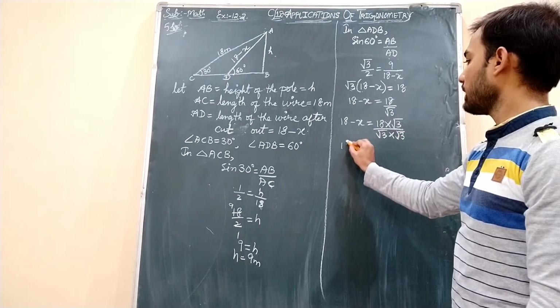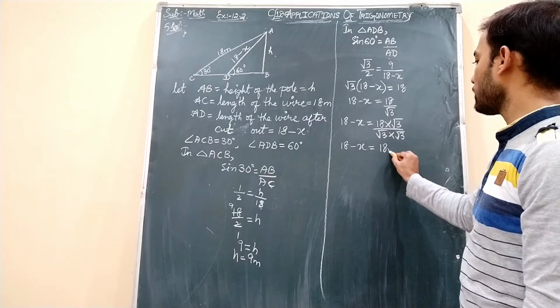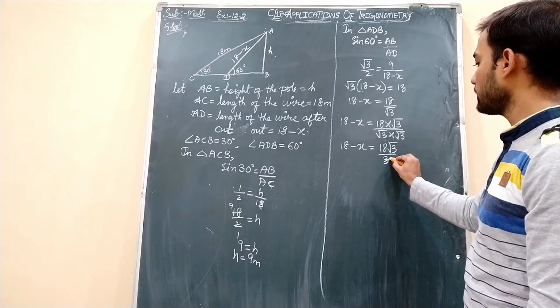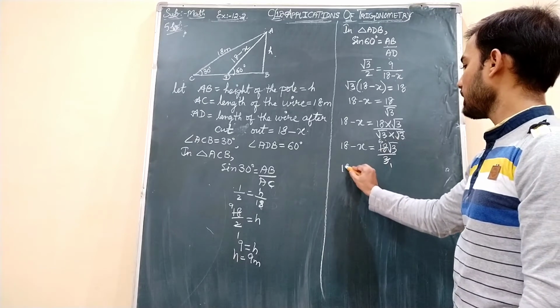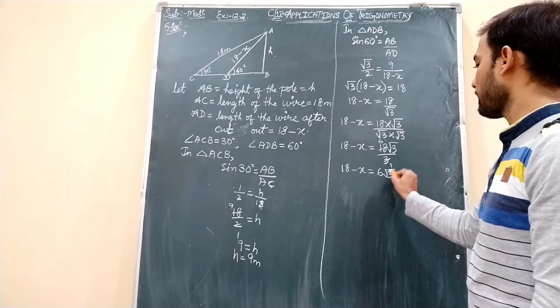So 18 minus x is equal to 18 into root 3, which is 18 root 3, and root 3 into root 3 is 3. Cancelling now, 3 ones are 3, 3 sixes are 18. So 18 minus x equals 6 root 3.